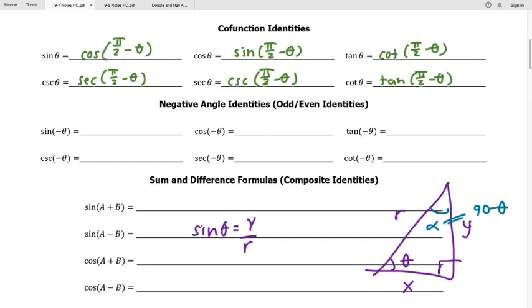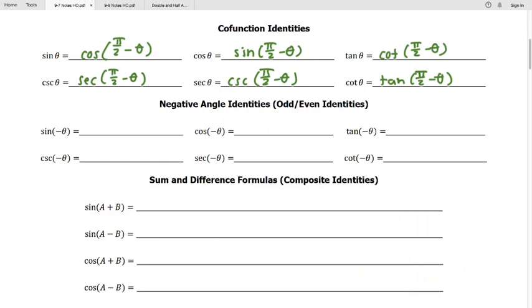So if the sine of theta is y over r, then the cosine of alpha, or the cosine of pi over 2 minus theta, or 90 minus theta, is also y over r. So that's where the cofunction identity comes from. It comes from turning a triangle and looking at the other angle in a triangle.